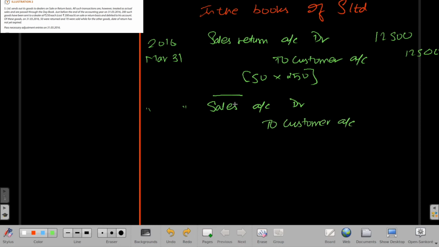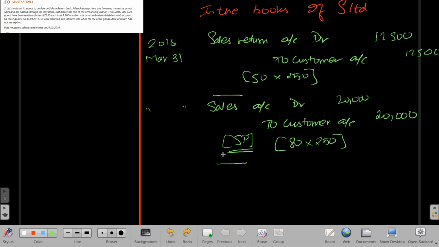It is very important to know that this will be recorded in the selling price, and the amount would be 20,000. The 80 goods, which were the balance, were taken as sale or return, and now we have to reverse it at the selling price of 250. This would give you 20,000.